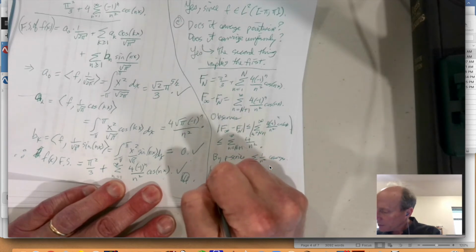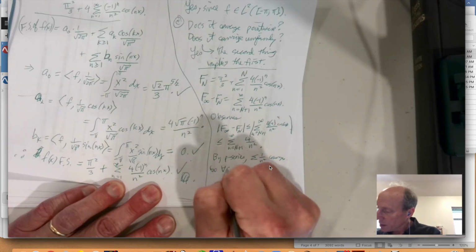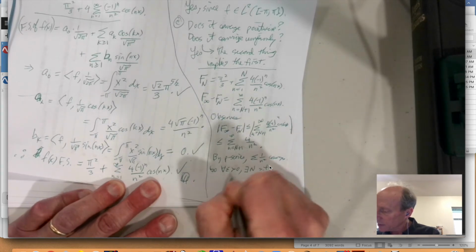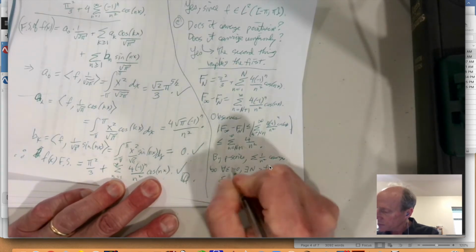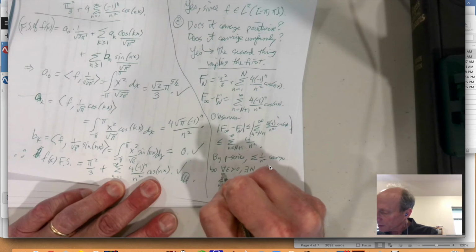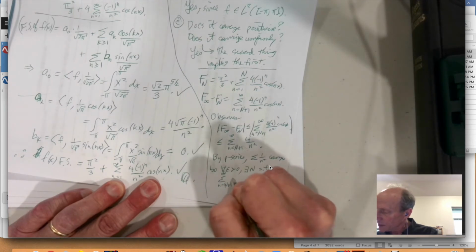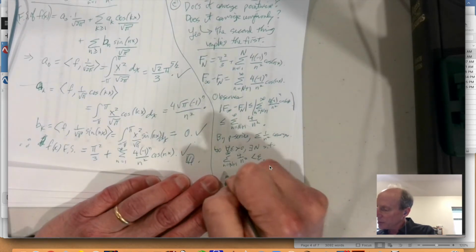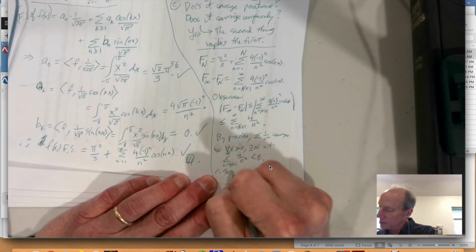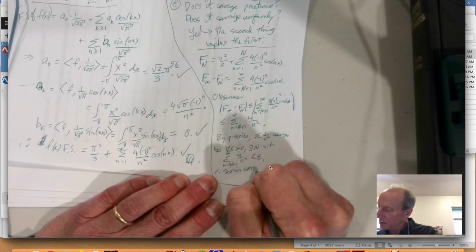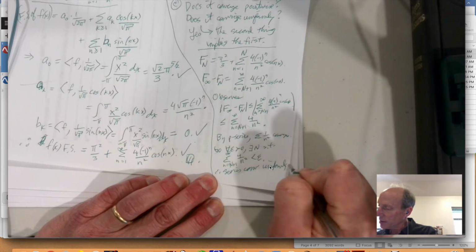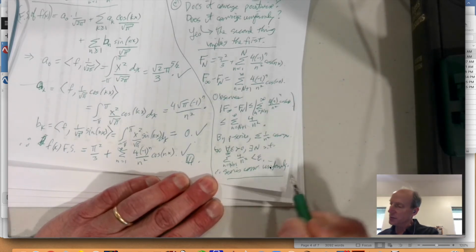So for all epsilon greater than 0, there exists capital N such that the sum from n equals N plus 1 to infinity of 4 over n squared is less than epsilon. Therefore, this series converges uniformly. Notice the capital N does not depend on x.